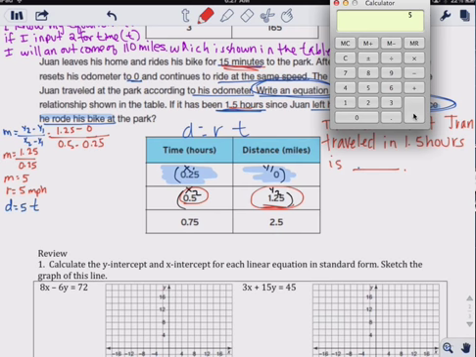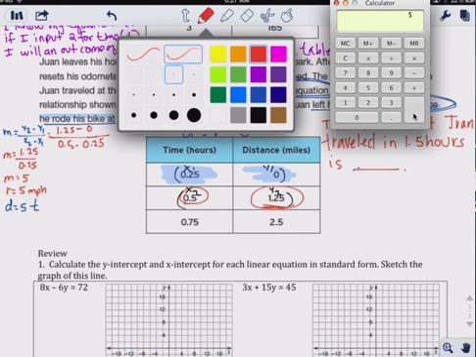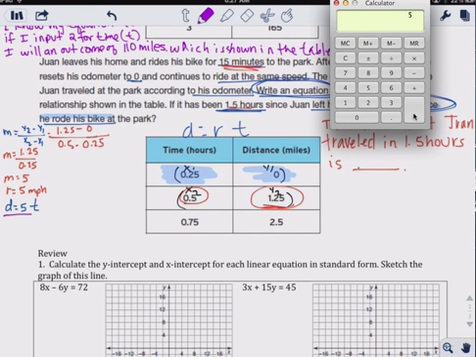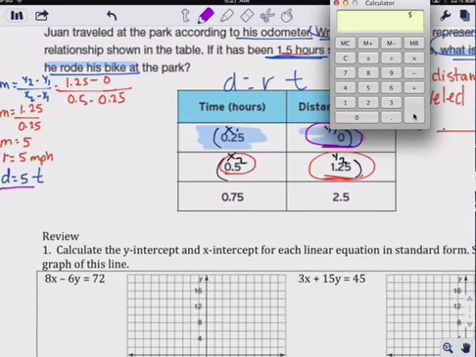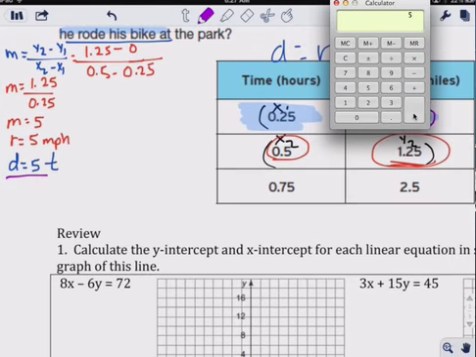We can find the distance to the park by using this formula to find how far he really traveled, what this should have been instead of 0. So, to find the distance from his house to the park, we have to subtract that, what he's already traveled, to find his most recent distance.